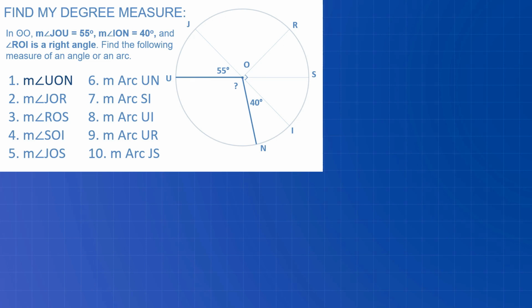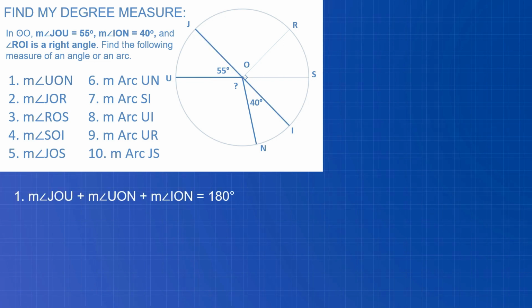Since line JOI is a diameter, we can say that the measure of angle JOU plus the measure of angle UON plus the measure of angle ION is equal to 180 degrees.